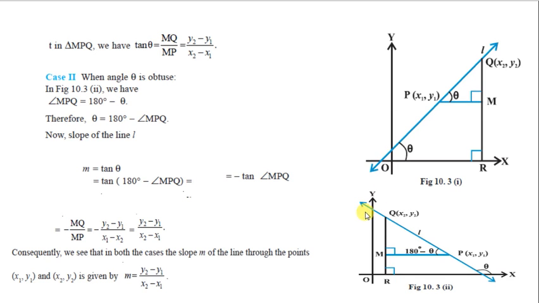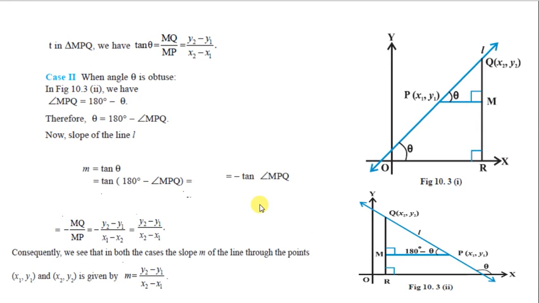If the line is making an obtuse angle with the positive direction of the x-axis, then this will be 180 minus theta. So this angle will also be 180 minus theta. So in that case, tangent 180 minus theta is QM upon MP, that is y2 minus y1 divided by x2 minus x1. But tangent 180 minus theta is minus tan theta.